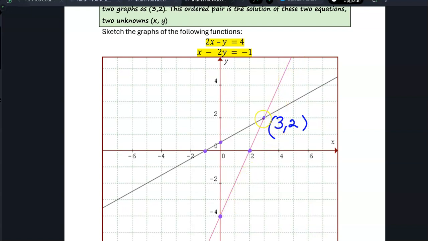The point of intersection that we have is (3, 2). It means that it is a solution for these two equations, two unknowns. The point of intersection means that this point stays on both graphs, so it is a solution for these two equations.